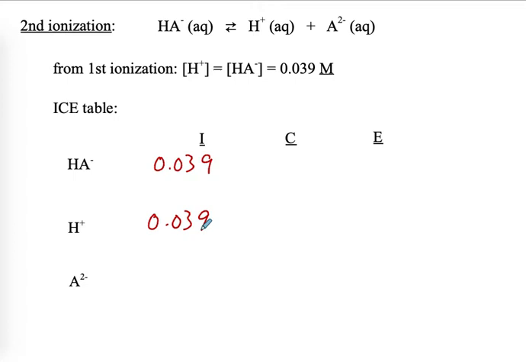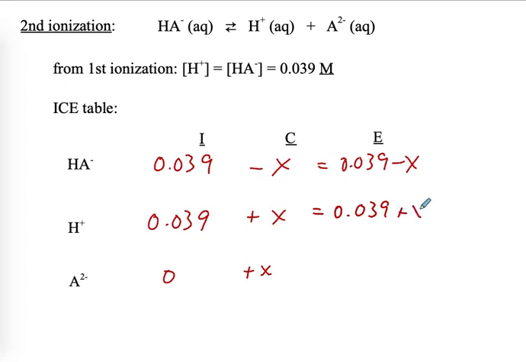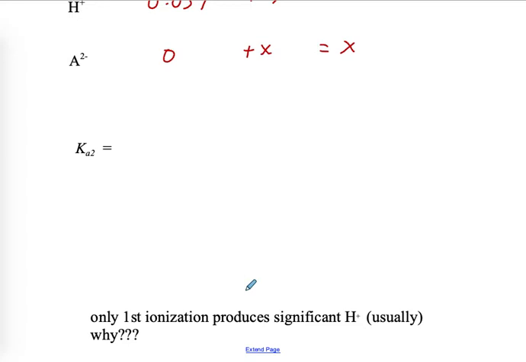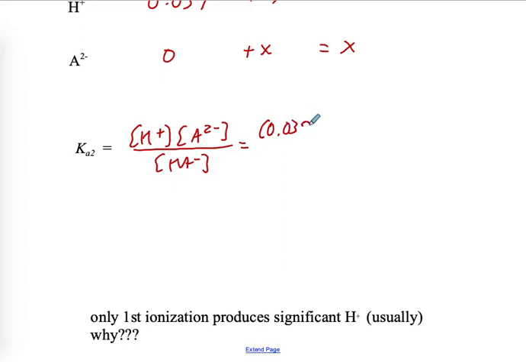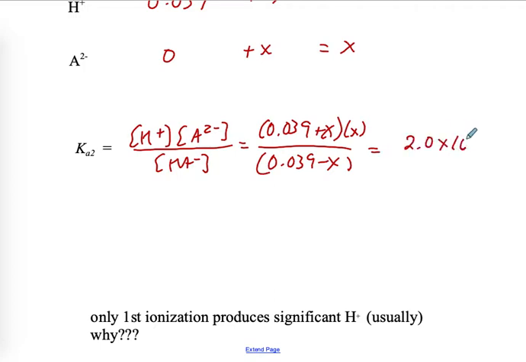But my initial concentration of A2- is, of course, equal to 0, with changes minus x, plus x, plus x: 0.039 minus x, 0.039 plus x, and x. So for my Ka2 expression, I can write [H+][A2-] over [HA-] equals (0.039 plus x)(x) over (0.039 minus x), which we said was numerically equal to 2.0 times 10 to the negative sixth.